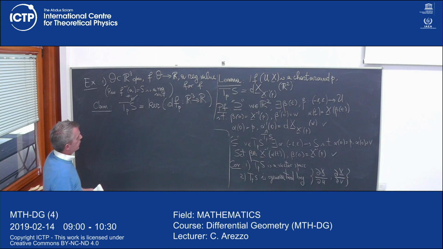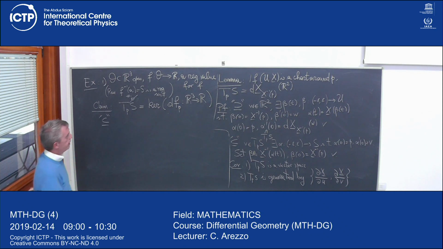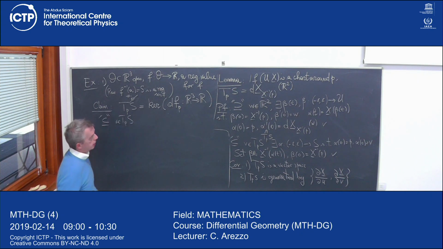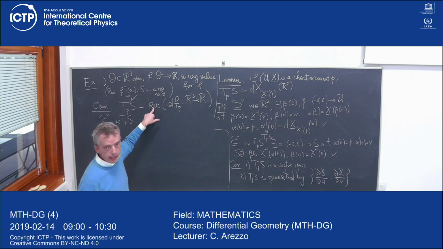In any case, let's prove it. Again, this is an equality of sets, so we have to prove two inclusions. Let's prove this one first. I take a tangent vector v, and I want to prove that the differential of f at p evaluated on v is 0.